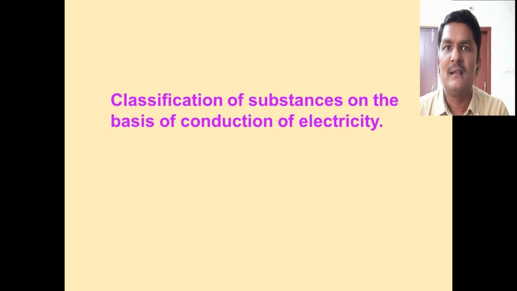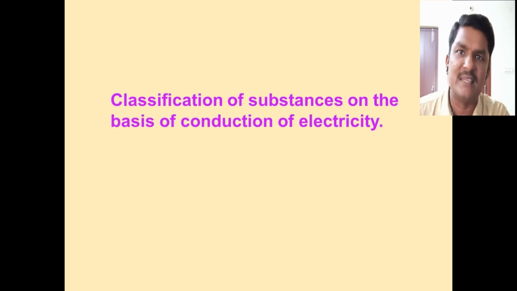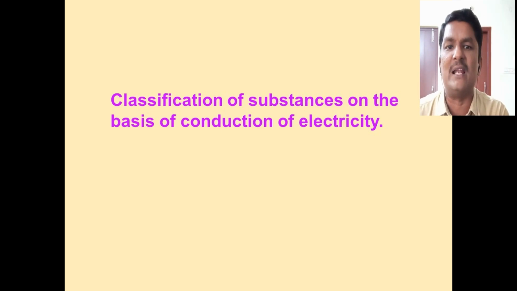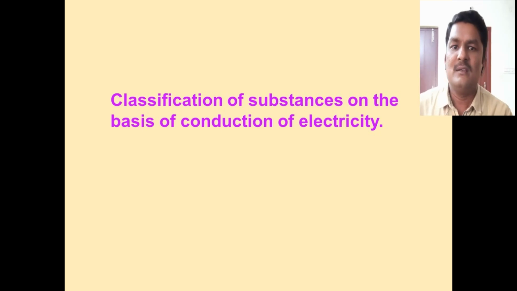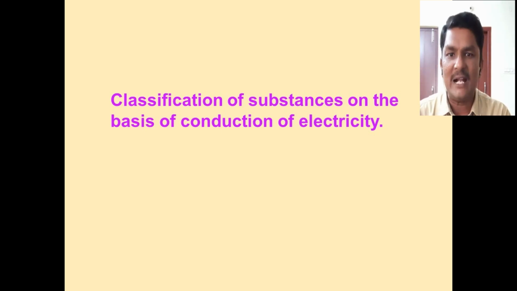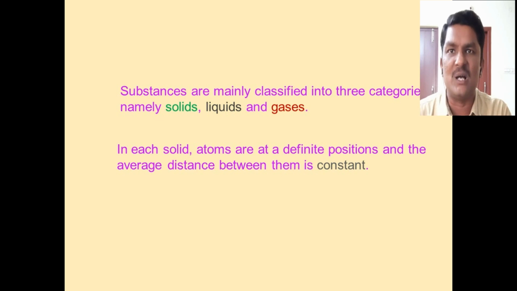First of all, classification of substances on the basis of conduction of electricity. All the substances cannot allow electricity through them. So, on the basis of electrical conduction, classification of substances.